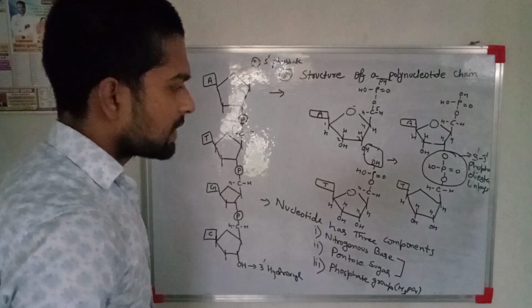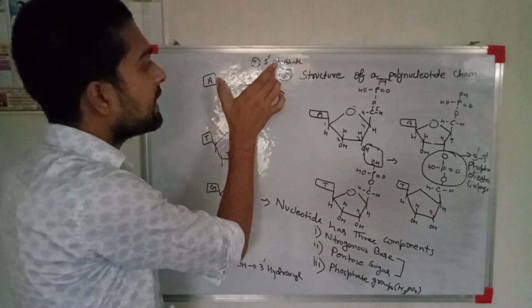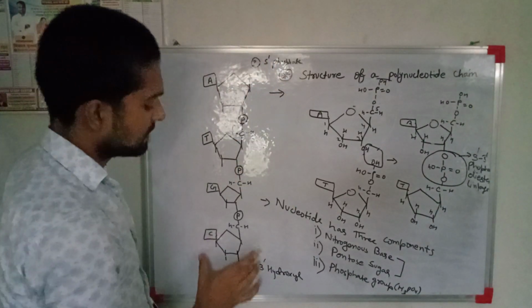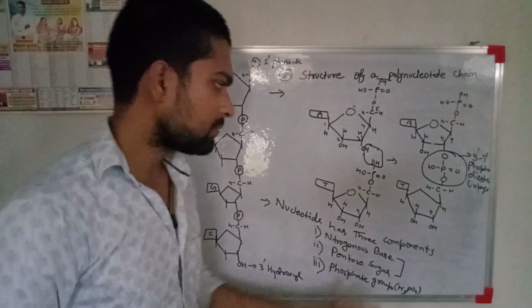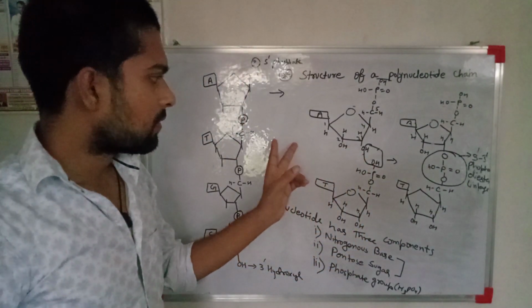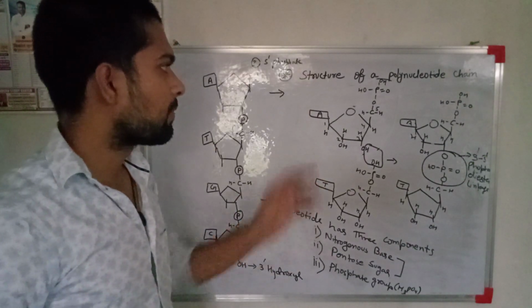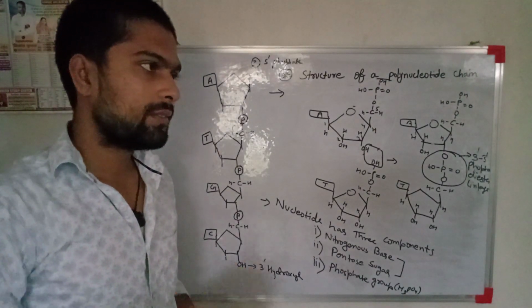Always remember that this polynucleotide chain has one free end with a 5' phosphate group, and another free end with a 3' hydroxyl group. So in this way the polynucleotide chain forms.